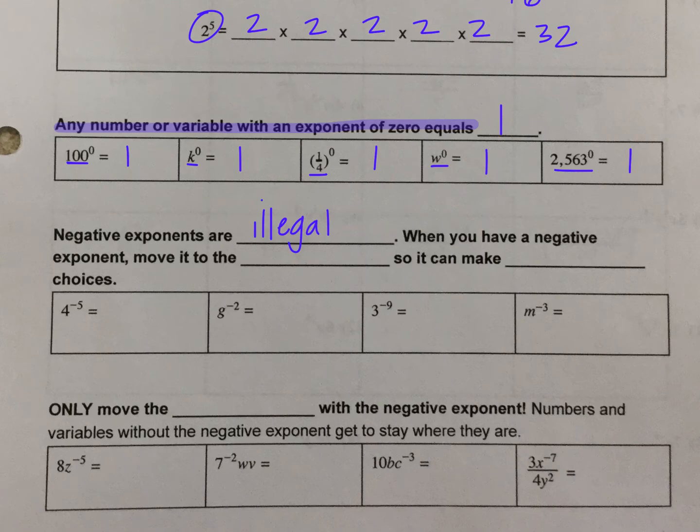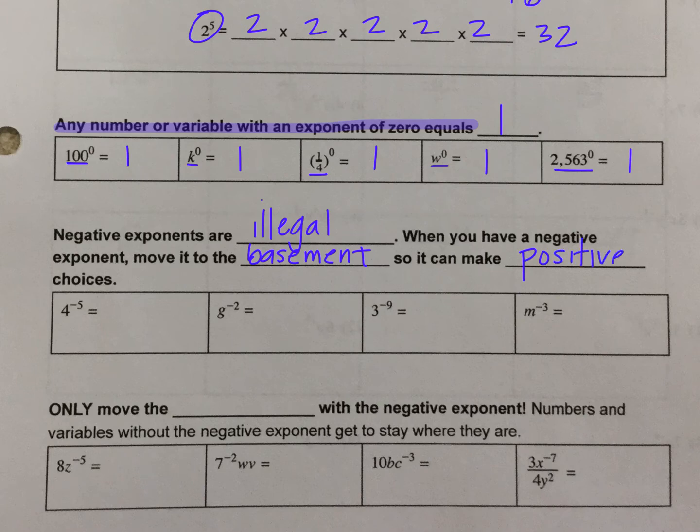So if you go somewhere with a negative exponent, and you got an ugly attitude, a negative attitude, negative exponent, then you have to move to the bottom of the fraction. I like to call it the basement. You have to move to the basement so it can make positive choices.